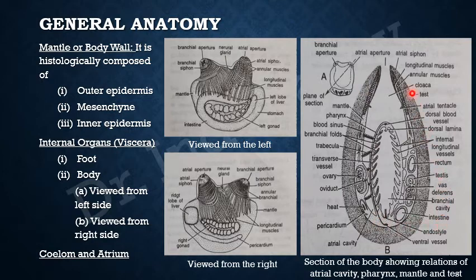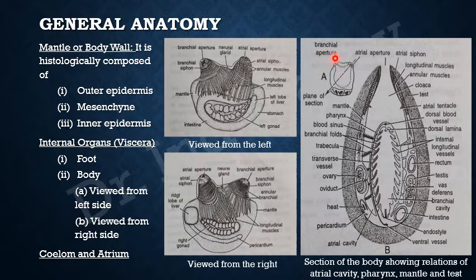This is a section of Herdmania's body, and the section is passing like this. You can see this diagram A. The section is passing through the atrial aperture and towards the anteroventral part. You must be knowing the symmetry of the animal, we had done before.